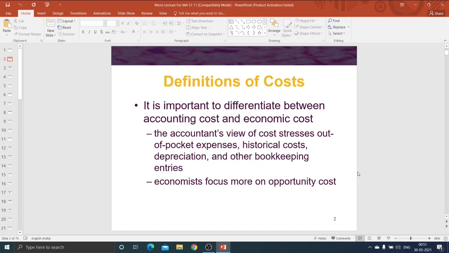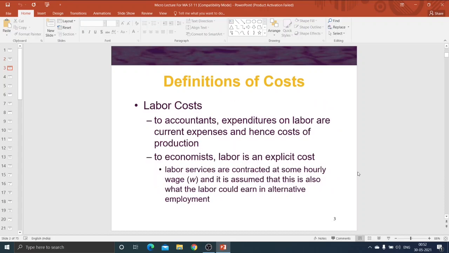So this accounting cost is also a very important one, which is called the explicit cost of the firm. So economists focus more on, however, the opportunity cost rather than this explicit cost. Now, what is this opportunity cost?